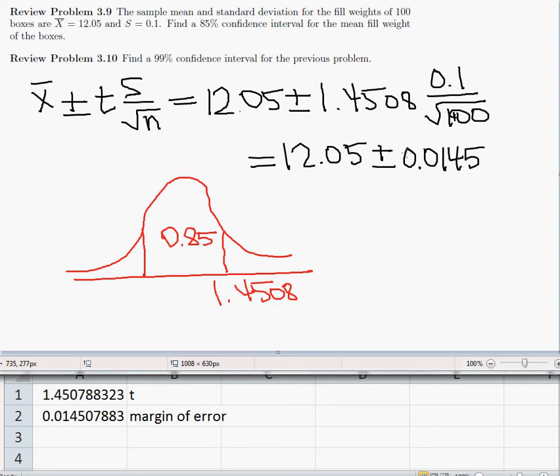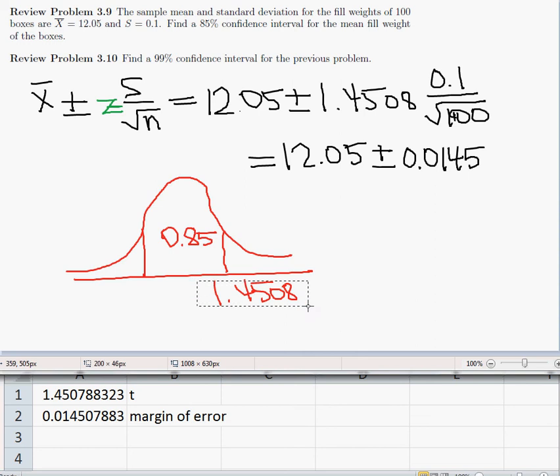Now, the other way that this could have been done is by, instead of doing a t distribution, we replace t here by z. Because I have a decently large sample, I could have put z here instead of t using the bell curve. Now let's see what happens if I make that change.